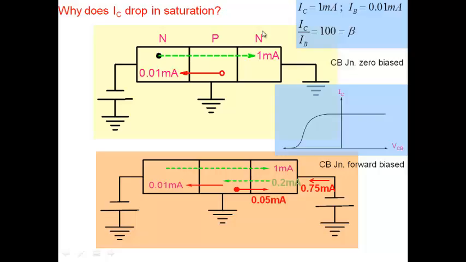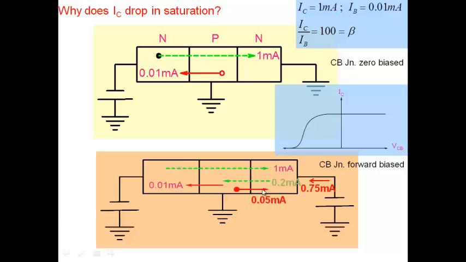Now, if I forward bias the base collector junction even more, instead of 0.2, this may become 0.5. This will also increase, and this current may drop to maybe 0.4 milliamperes. If I forward bias it even more, this may even become 1 milliampere. And when it becomes 1 milliampere, this will exactly cancel this, and plus this will be there.